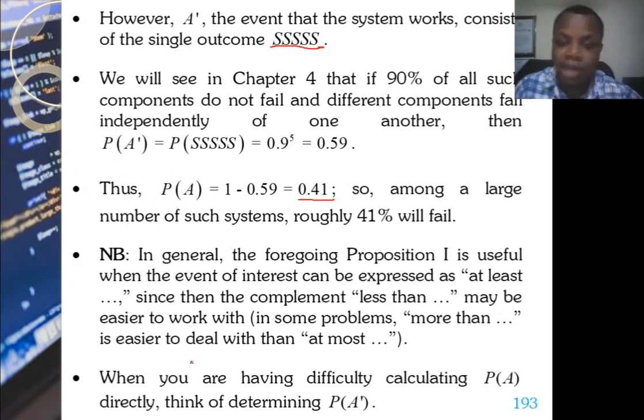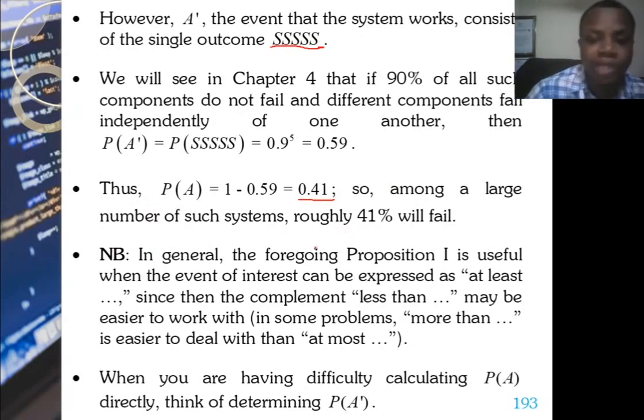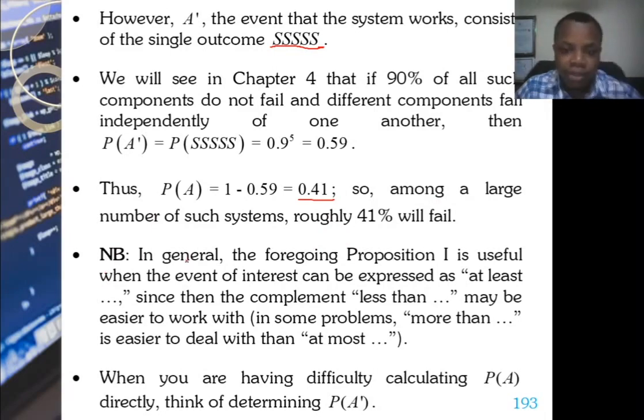As simple as that. So once we are able to determine this probability of 0.41, it implies that among the large number of such systems, roughly 41% is going to fail. So this is how proposition 1 is being used for trying to estimate the probability of the complement instead of going through the whole thing.